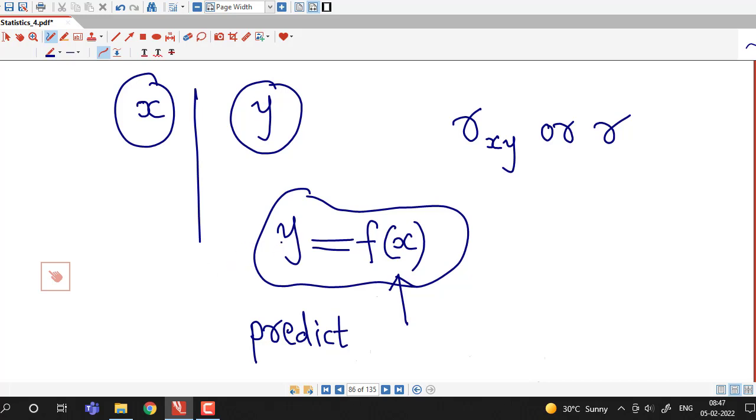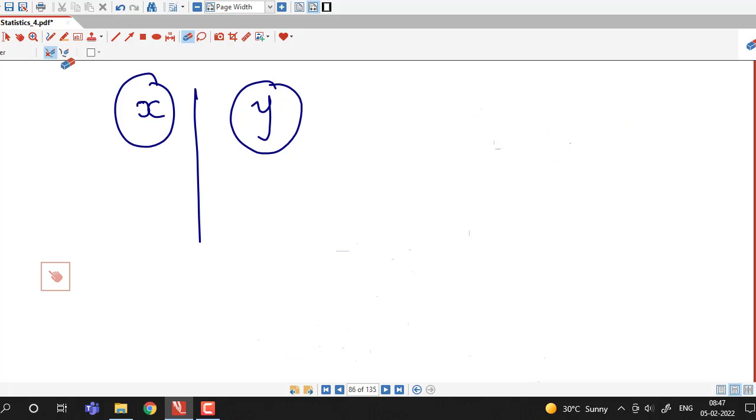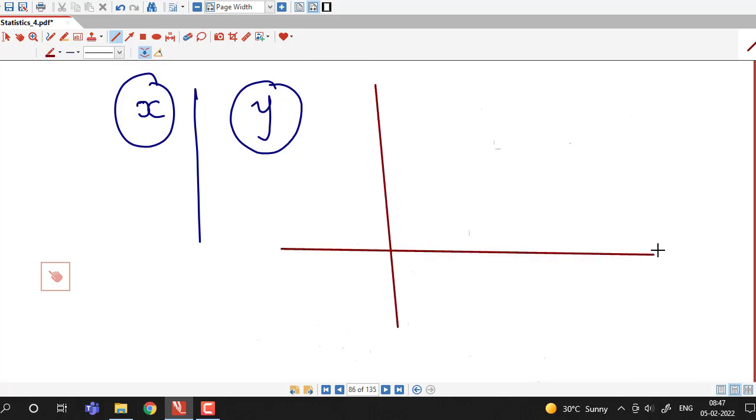Regression analysis gives us the nature of the functional relationship between two variables. There are different types of relationships between two variables. That functional relationship may be linear or non-linear. Now suppose we consider this scatter diagram of two variables.